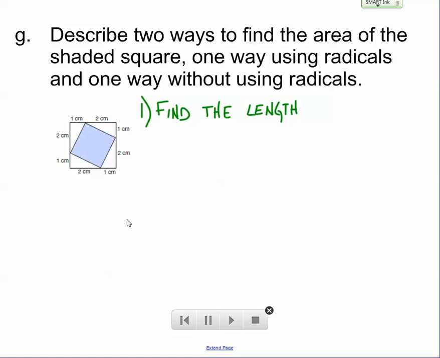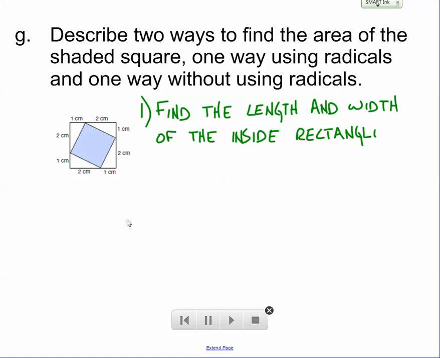We could find the length and width of the inside rectangle. It's a square, but whatever. You could just say of the square using the Pythagorean theorem.